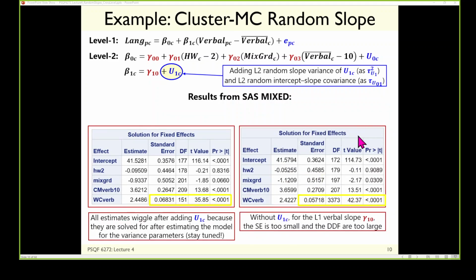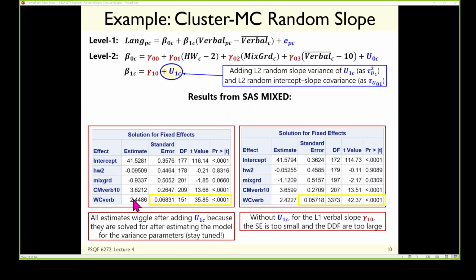So what would it look like in terms of the fixed effects if we didn't have a random effect? I just want to make a brief comparison here. So it's this slope that is random or not, the within cluster effect of verbal ability. So the coefficient itself is pretty much the same. For every unit more verbal ability I have than the rest of my school, my language score goes up by 2.44 or 2.42.